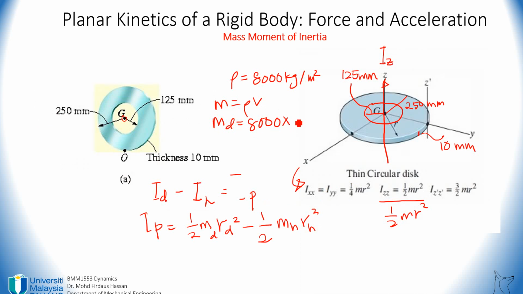V is pi R disk squared times T or H, the thickness. So you'll find that M disk is 8,000 times pi times R disk 0.25 squared, H is 0.1. So you will get the answers here.